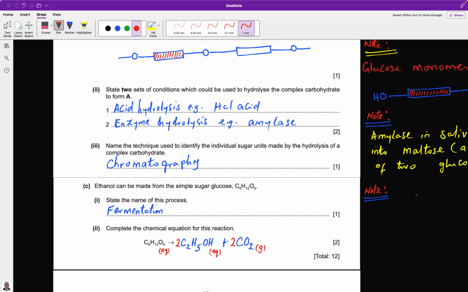State the name of the process in which ethanol can be made from simple sugar glucose. The process that is well known is what we call fermentation. When you ferment glucose, after a period of time, ethanol is produced.